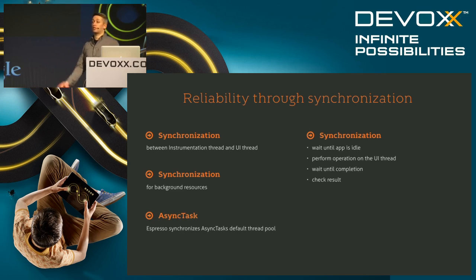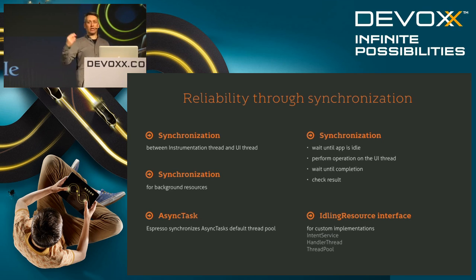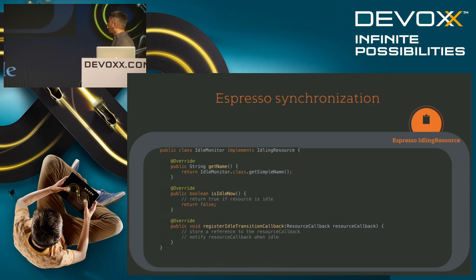So if you use, for instance, the AsyncTask class, Espresso will by default synchronize with the thread pool behind an AsyncTask. If you, of course, have your custom background services running, you can work with the IdlingResource interface. That's how you can signal again to Espresso, my work is done, now you can go on in a synchronized way with your tests.